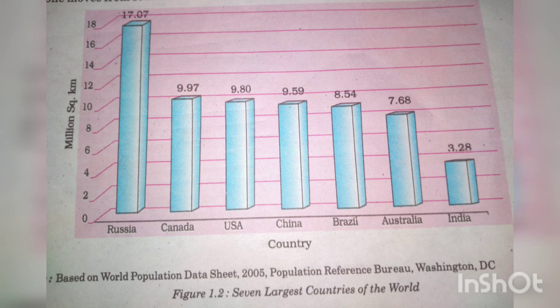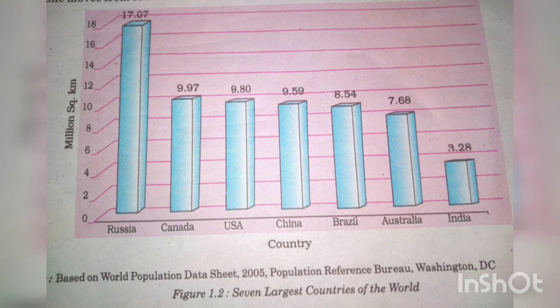So which countries are bigger than India? We see that Russia is the biggest one, then Canada, then USA, then China, then Brazil, then Australia, and after Australia, our country's position comes.